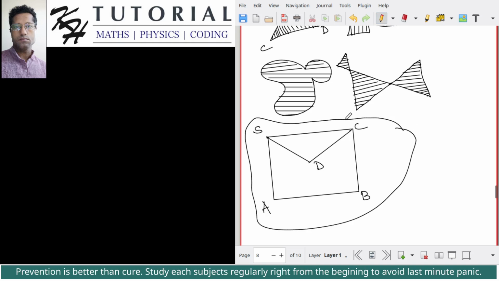I hope you got the basic idea of what is meant by the region enclosed by a closed figure.